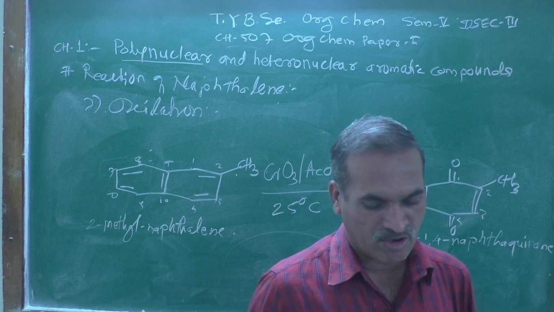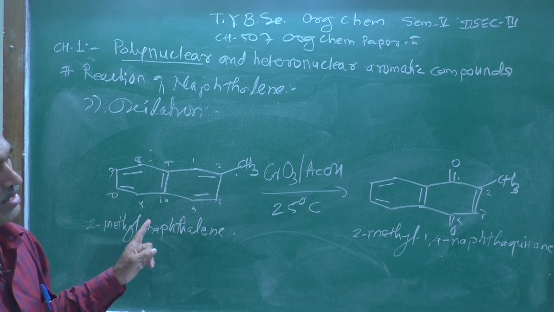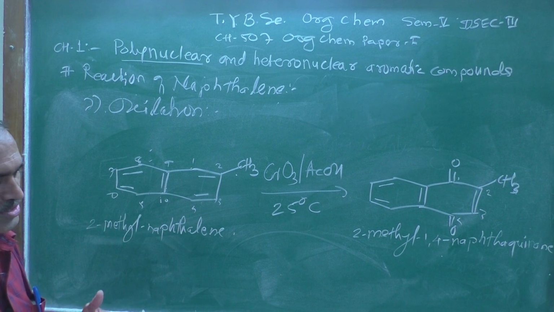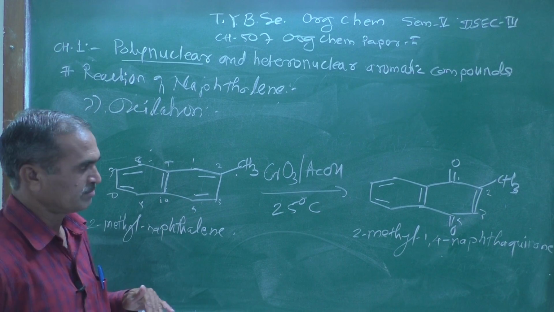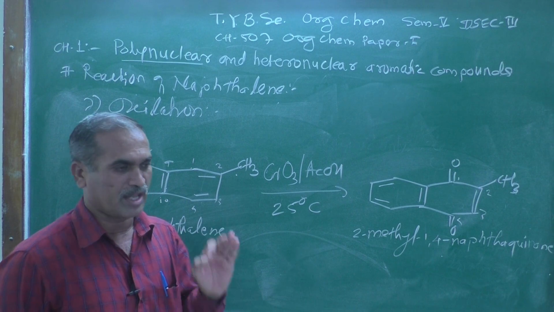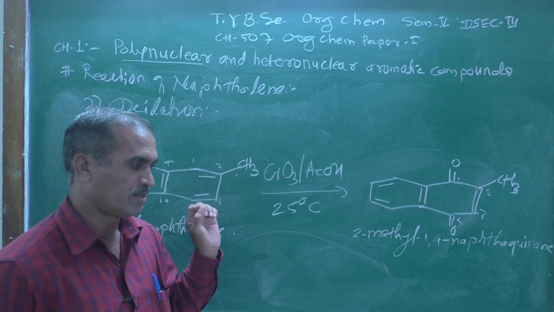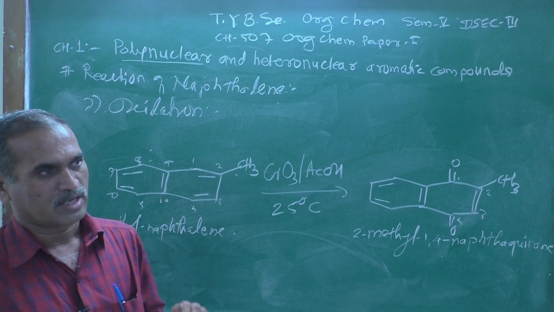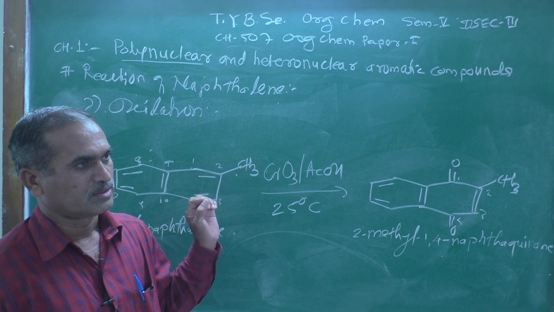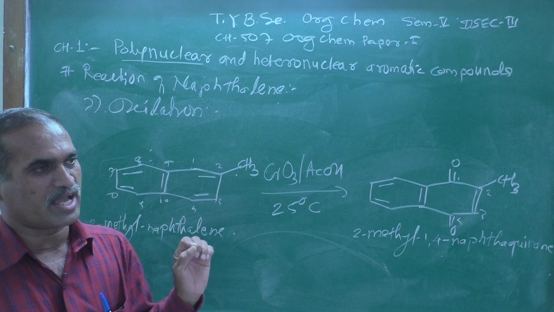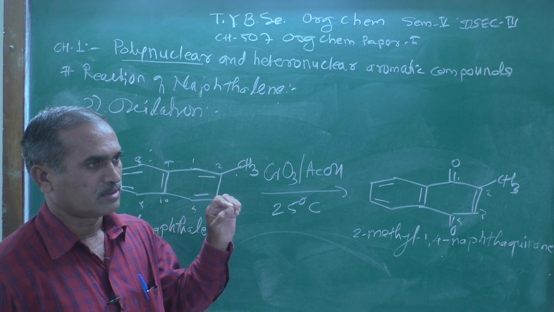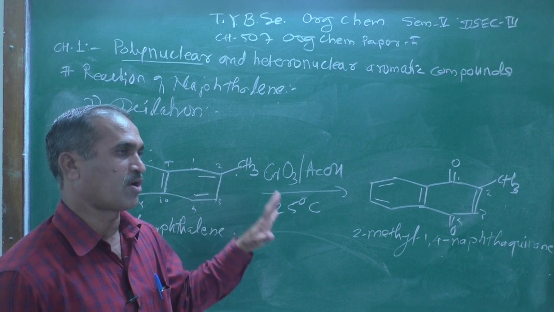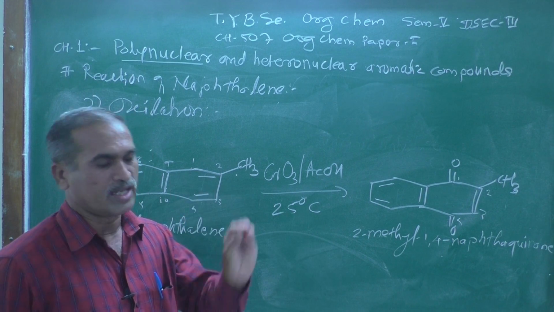This is an example of an oxidation reaction, how naphthalene can be oxidized by using different oxidizing reagents. In the previous example we saw simple naphthalene carried out in the presence of atmospheric oxygen and vanadium pentoxide used as a catalyst, and the oxidized product formed is nothing but phthalic anhydride.